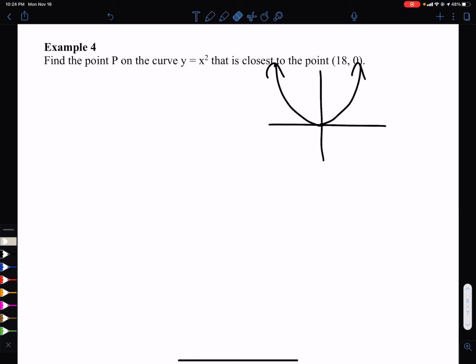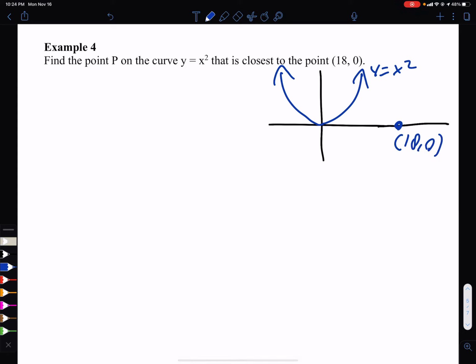I probably should do it in a different color. Blue is nice. There's my parabola, y equals x squared. Then they tell us we have a point 18, 0. I'll just pick a point out here and call that 18, 0.